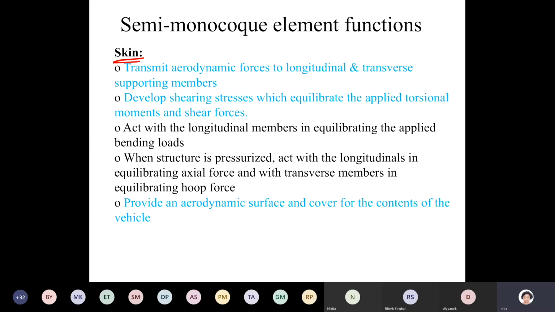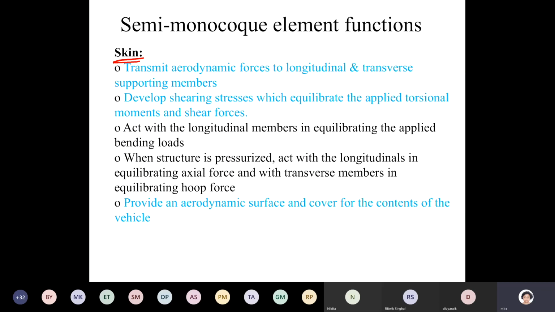So a primary job of the skin is to develop shearing stress and thereby equilibrate the applied torsional and shear forces. These things will get clearer as we go through the analysis. You will realize why the skin will withstand the torsional load.